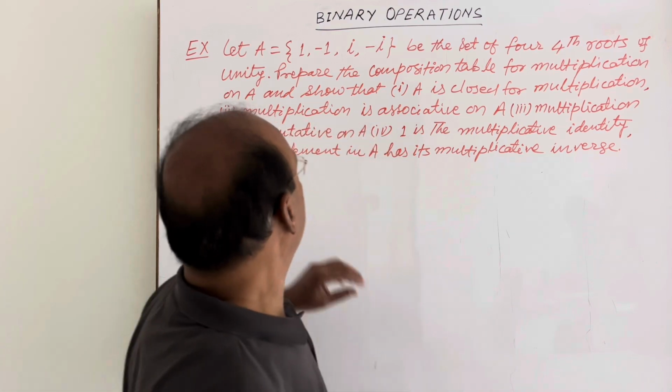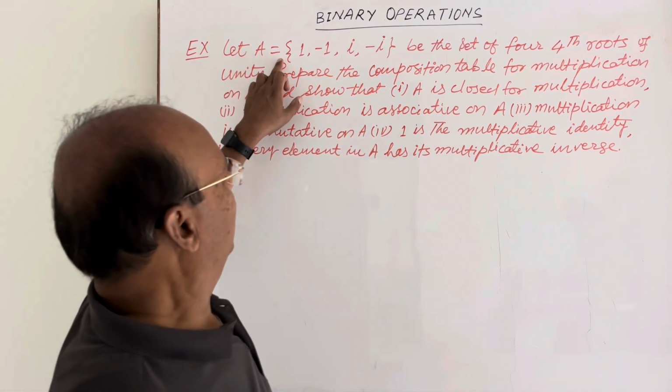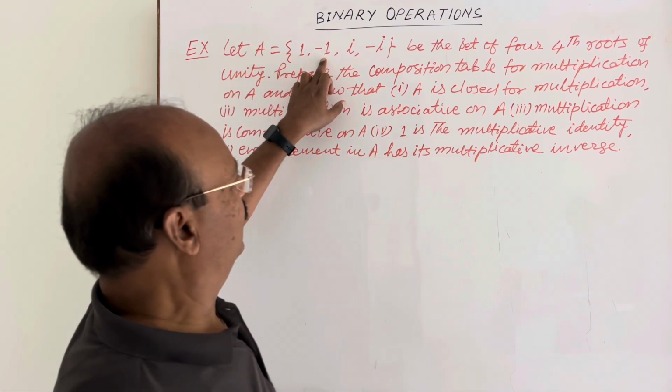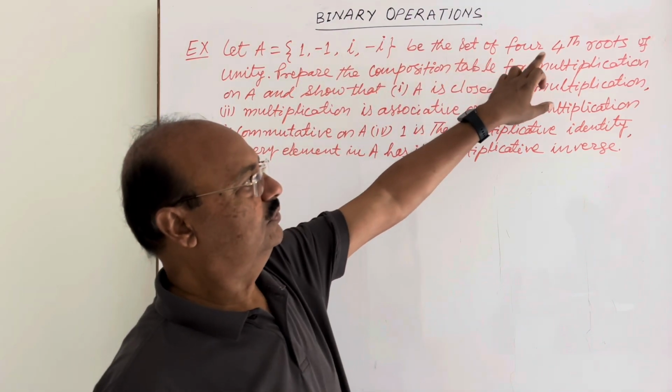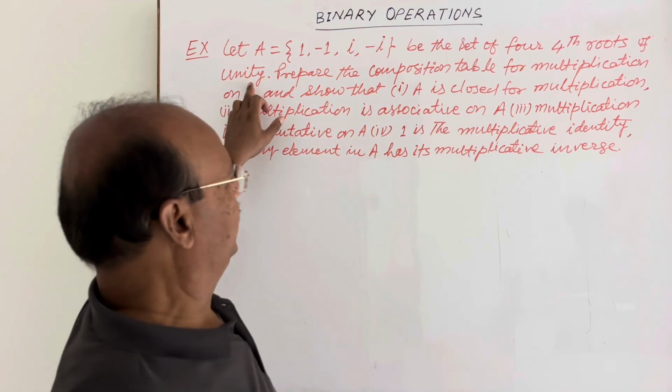Here the question is, let A be a set having elements 1, minus 1, i, minus i, the set of fourth roots of unity.